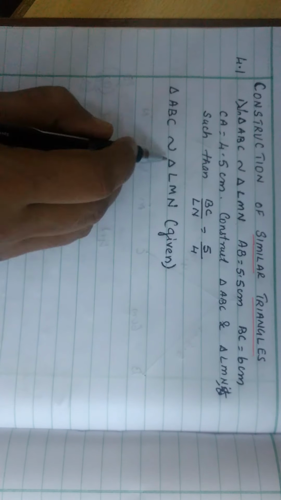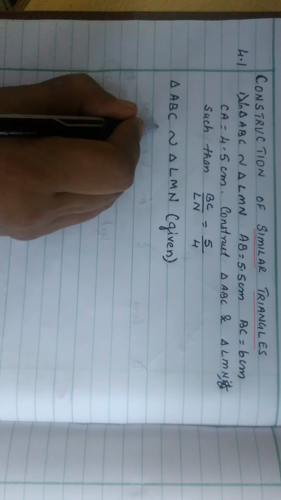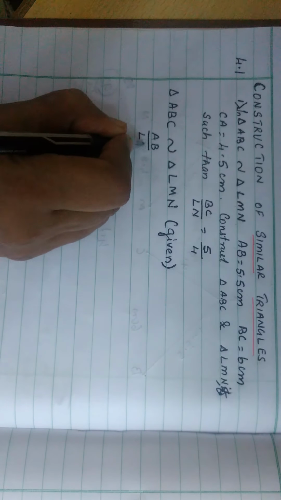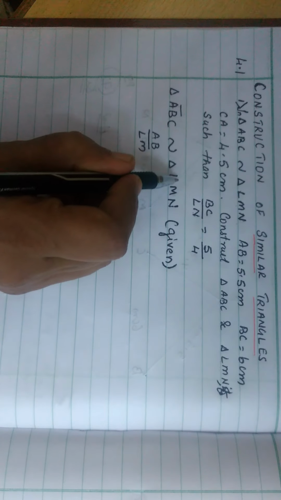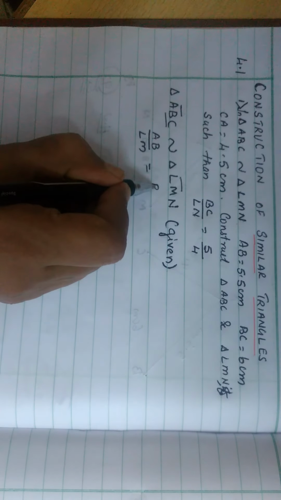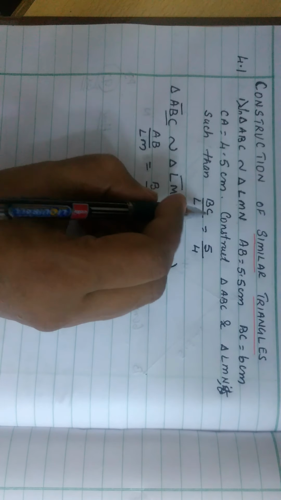Because they are similar, we can write CSST, corresponding sides of similar triangles. That is AB upon what? LM. AB upon LM is equal to, next, BC upon what will come? MN.